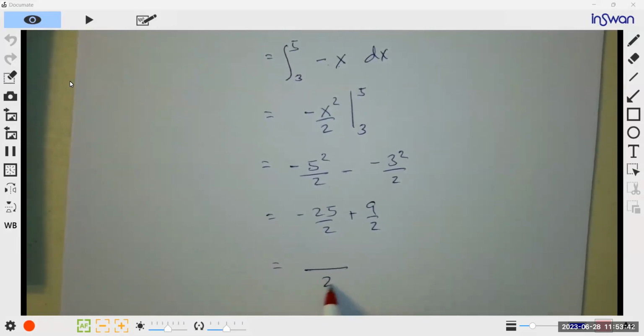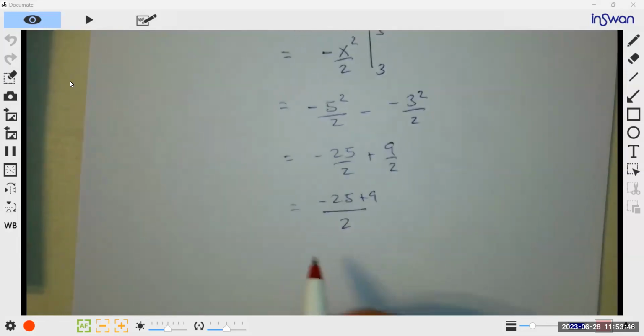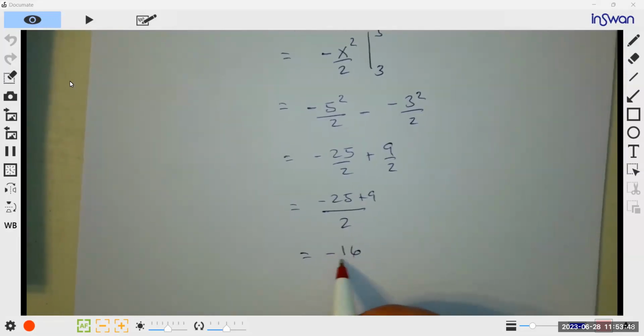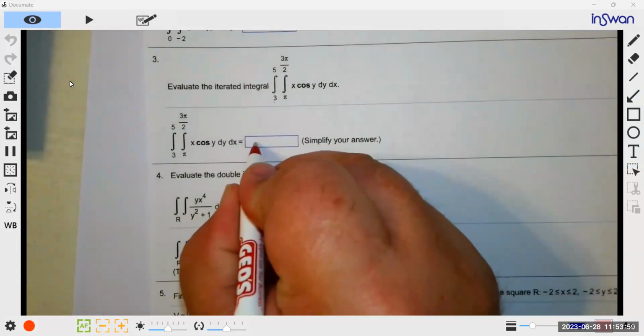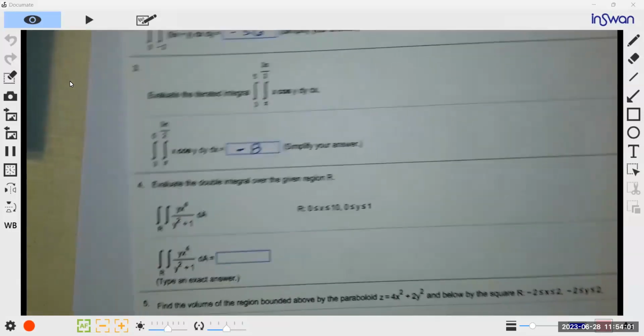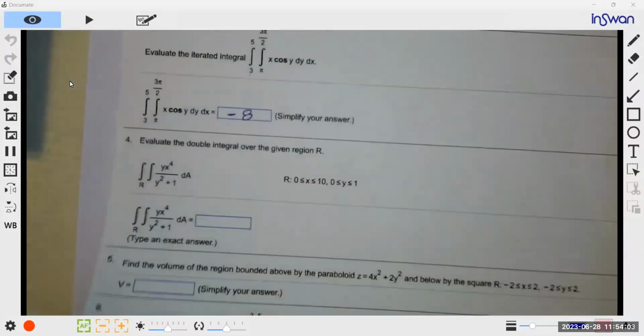So they're both over 2. So we have negative 25 plus 9. It's negative 16 over 2 equals -8. So that's that volume.